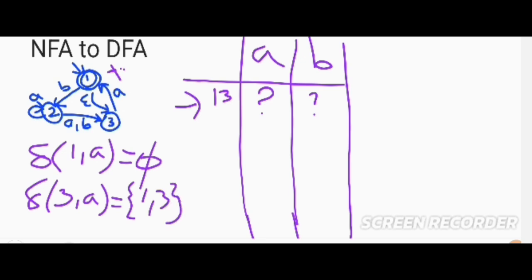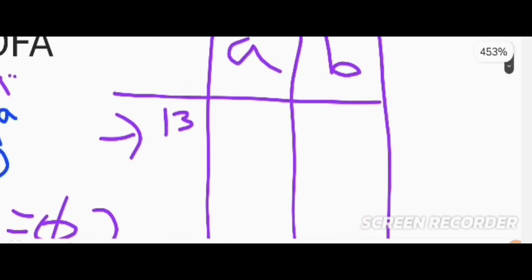We'll take the epsilon closure here, 1 and 3, since 3 is related to 1 with the epsilon transition. Then we'll take the union of these two sets. The union is 1, 3, so we'll write down the result here as 1, 3.